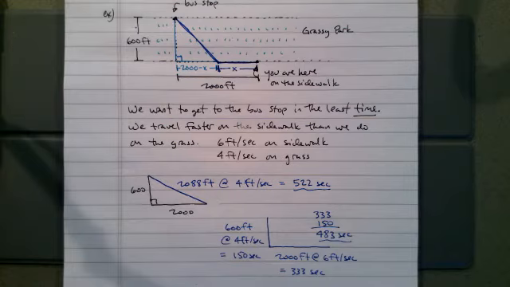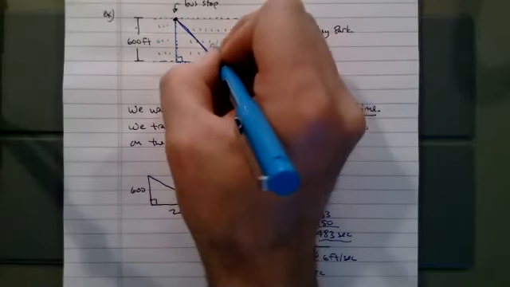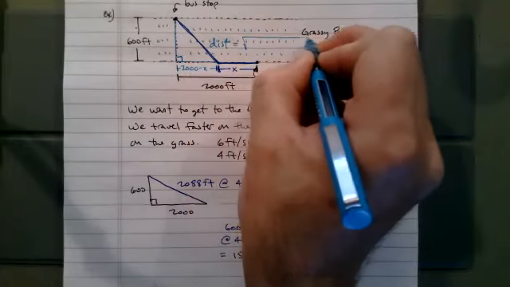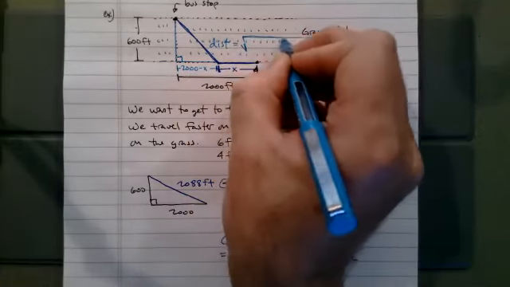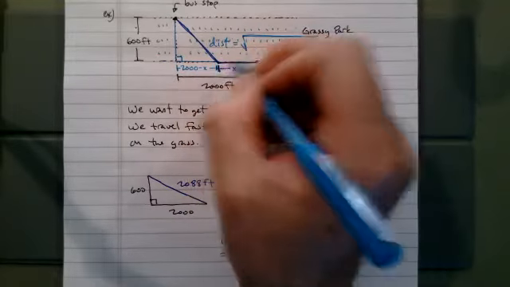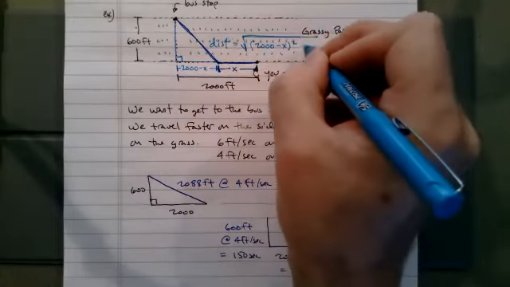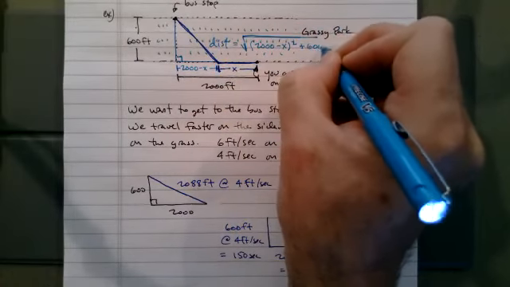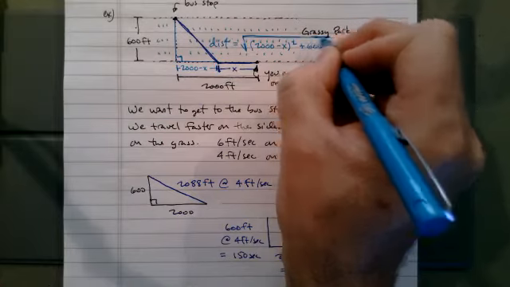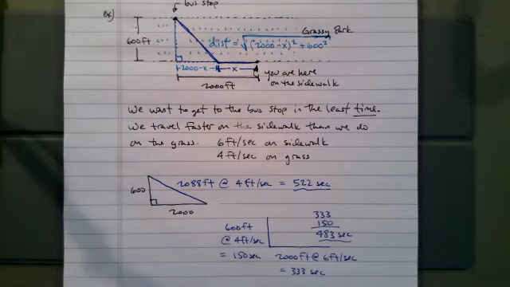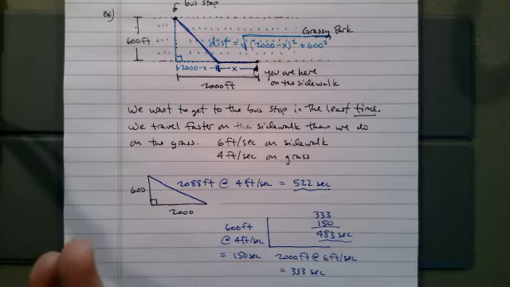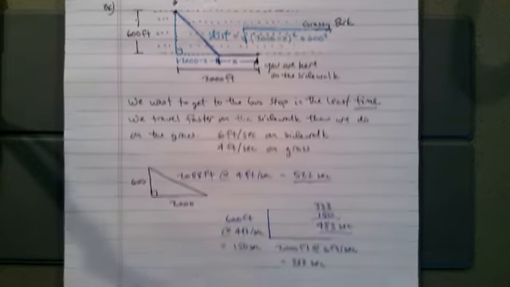So this distance will be the square root of (2,000 minus X) squared plus 600 squared. Now we've got a distance that we're traveling on the grass and a distance that we're traveling on the sidewalk.